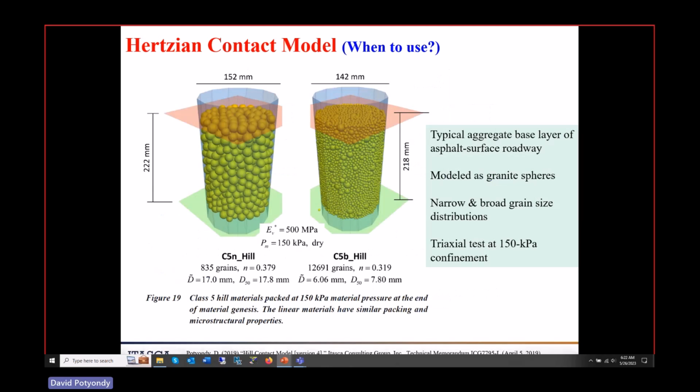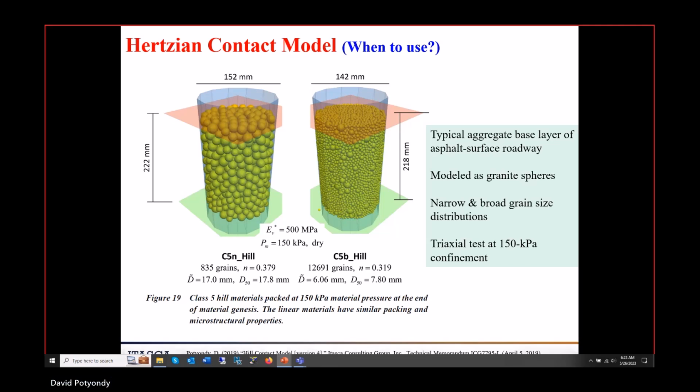So just to get the idea of the effect here, we built a couple of systems that looked like this. These are spherical particles. This is a triaxial cell. We used two different size distributions. We gave them the modulus of granite, so Young's modulus is around 70 GPa.